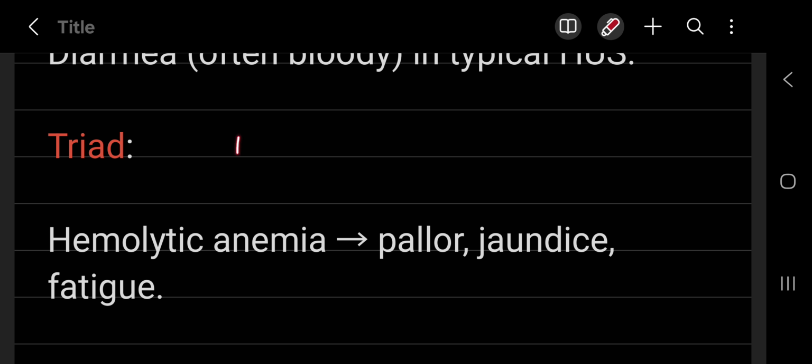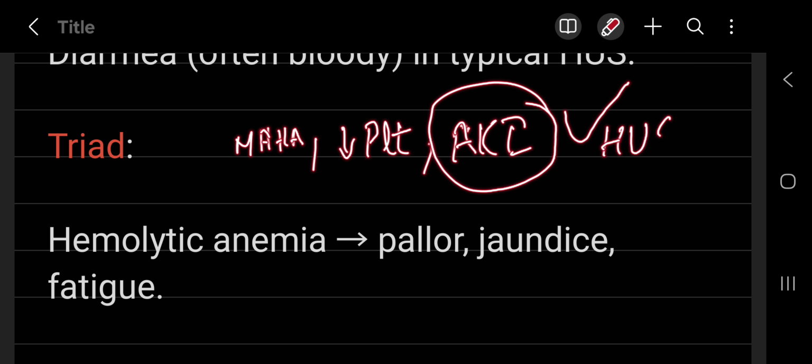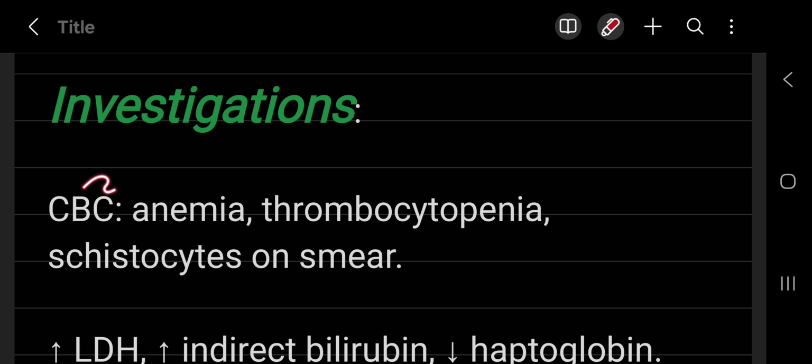So it is a triad of microangiopathic hemolytic anemia, thrombocytopenia and acute kidney injury. And you should remember that acute kidney injury in hemolytic uremic syndrome is more severe than in thrombotic thrombocytopenic purpura. How will you investigate this?